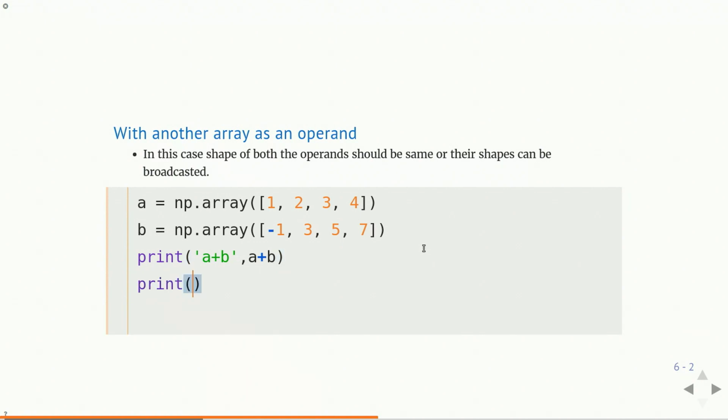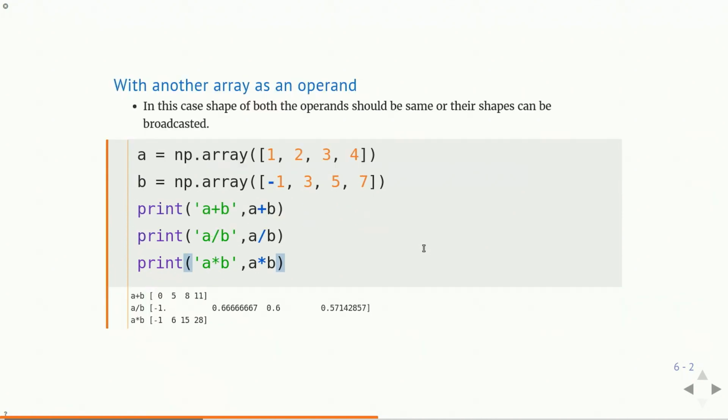Now print a divided by b, and then print a multiplied by b. Here the resultant array will contain the element-wise multiplication between elements of a and b. So let's run it. Here is the result of applying these operations.